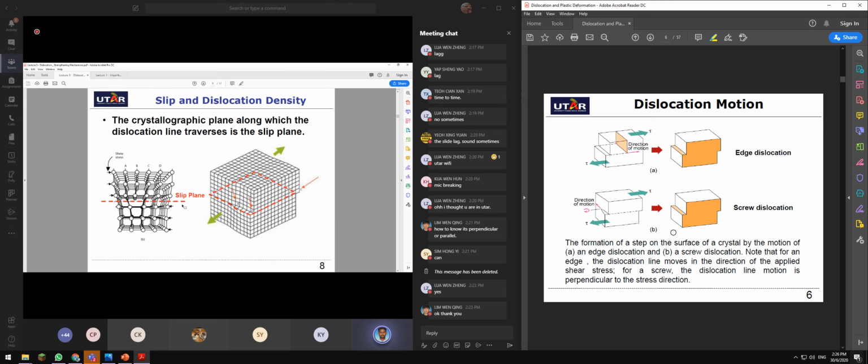So that is what we call the slip plane. The atoms on top of your slip plane have a compressive force. Write it down, guys. The atoms below the slip plane are experiencing a tensile force.